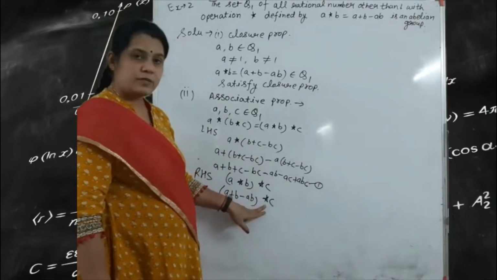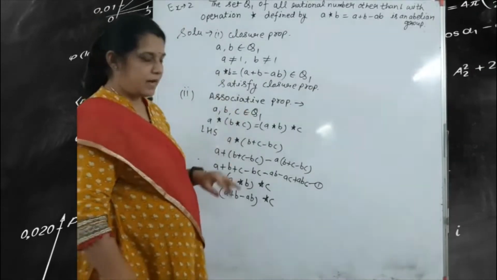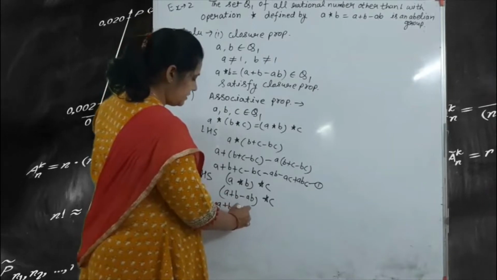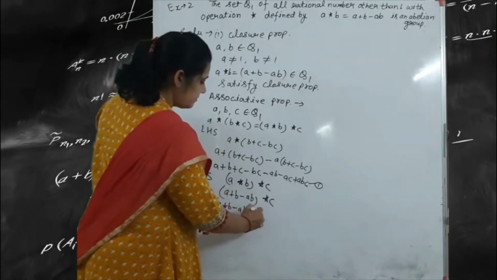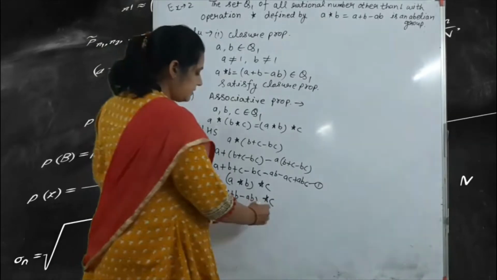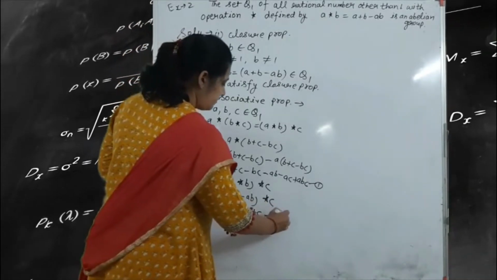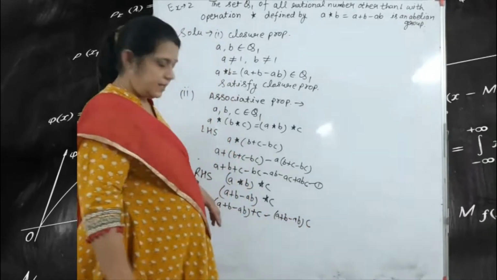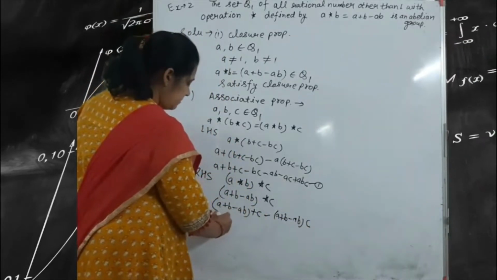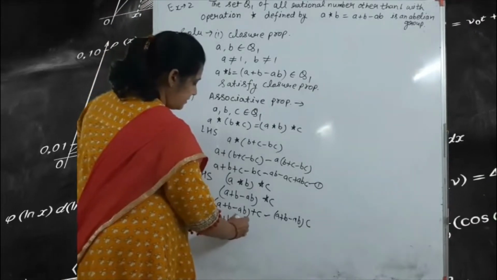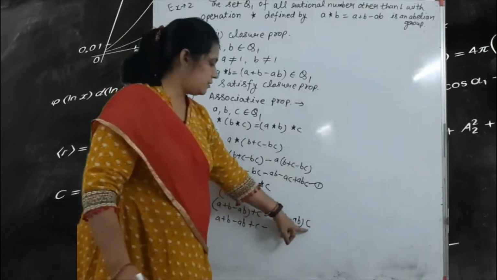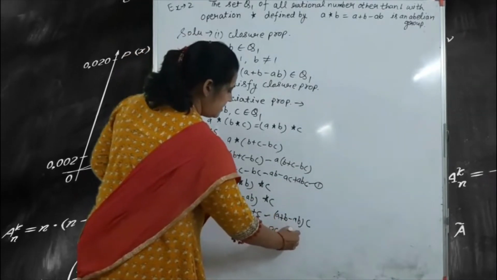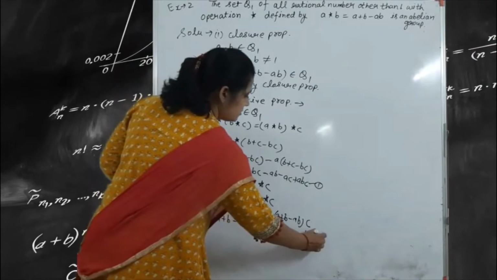Then A plus (B plus C minus BC) minus A times (B plus C minus BC). Opening this term: A plus B plus C minus BC, minus AB minus AC plus ABC. This is your second equation.